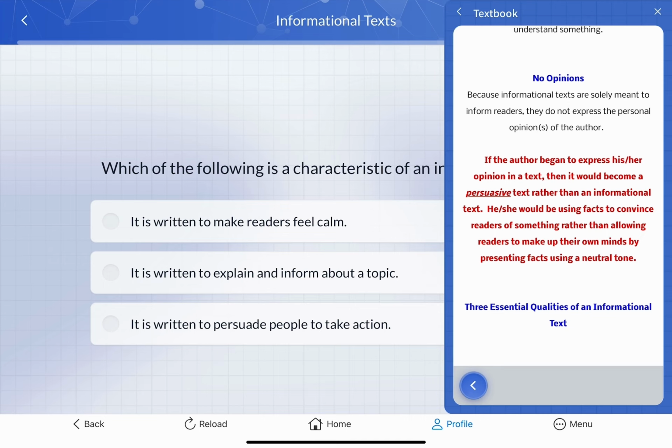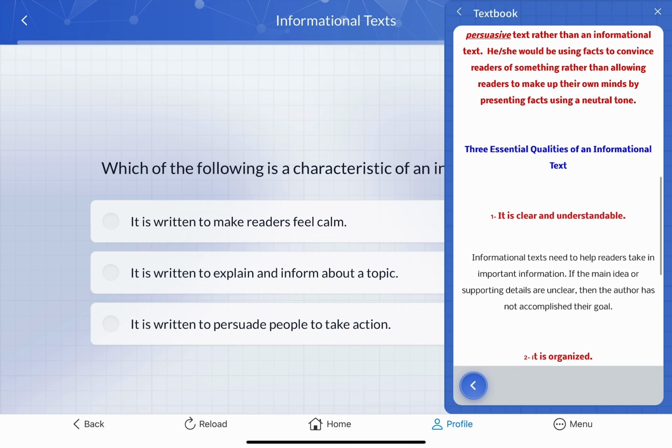If the author began to express his or her opinion in the text, then it would become a persuasive text rather than an informational text, because he or she is using facts to convince the reader of something rather than allowing them to make up their own mind by presenting facts using a neutral tone.